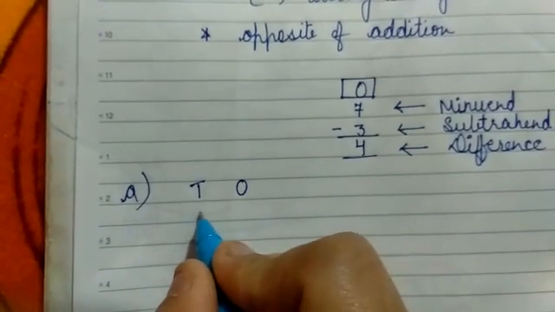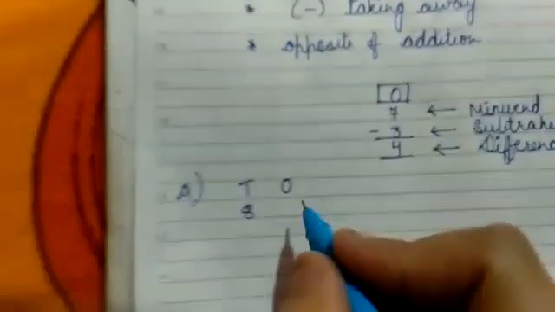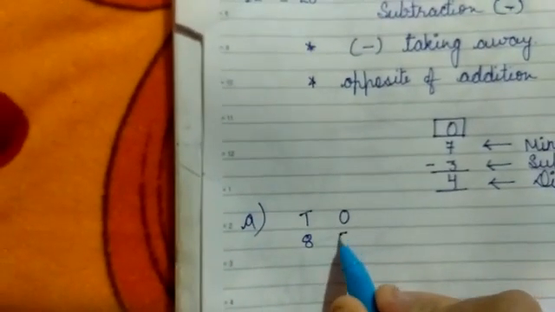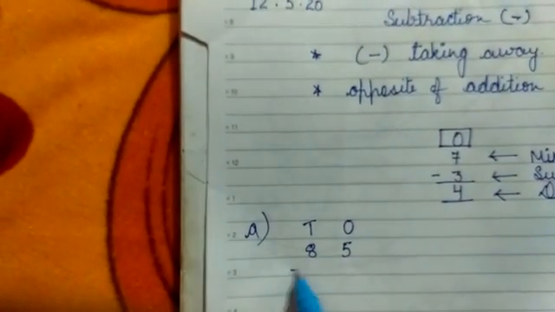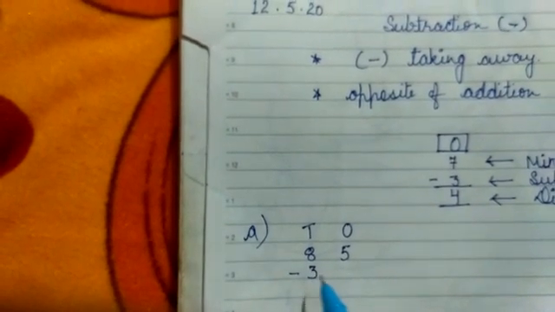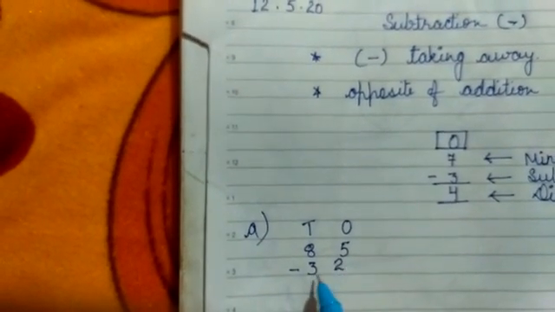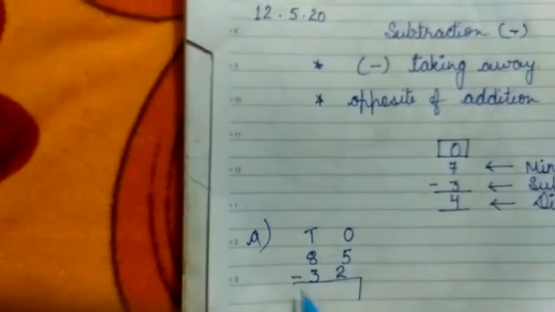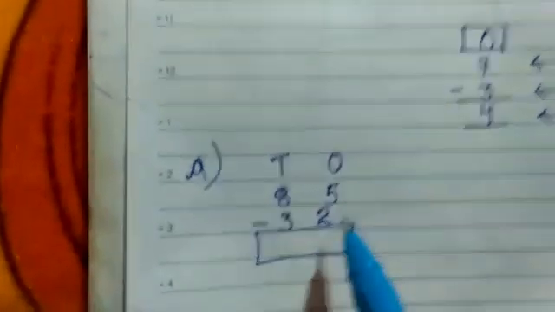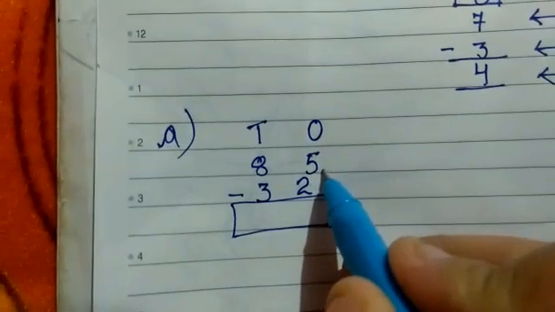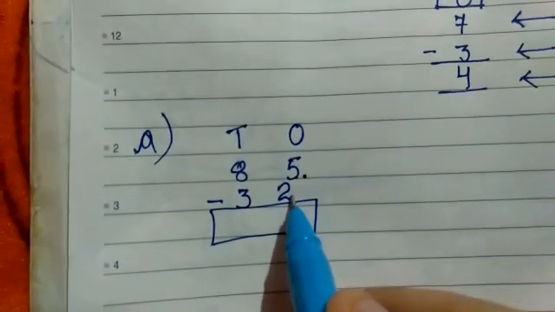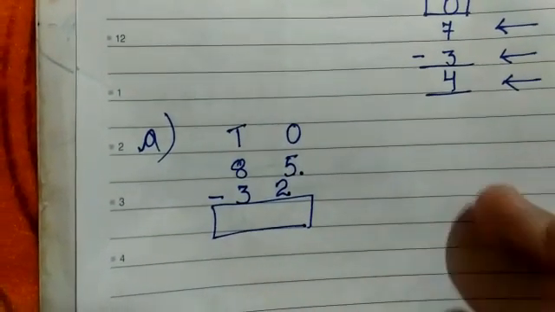85 subtract 32. Subtract them. So children, here is a 5. 5 minus 2. You can use your pencil.